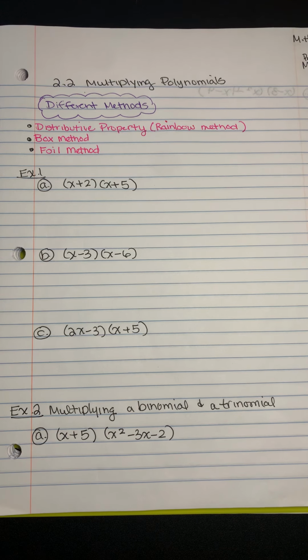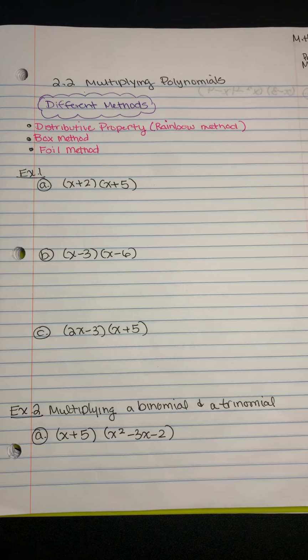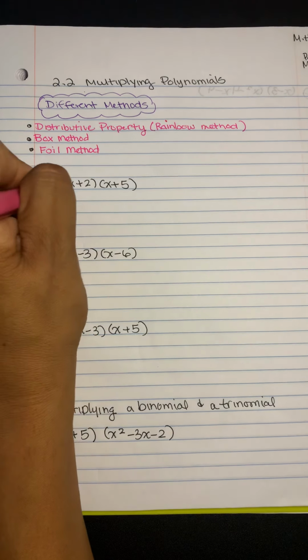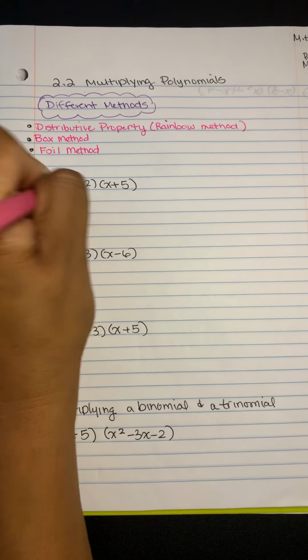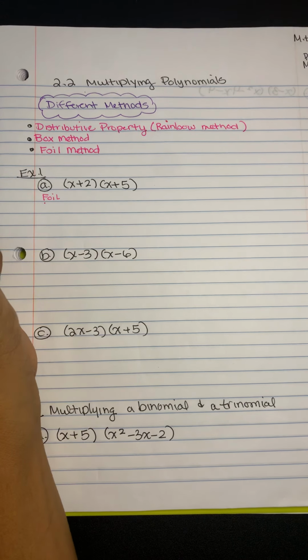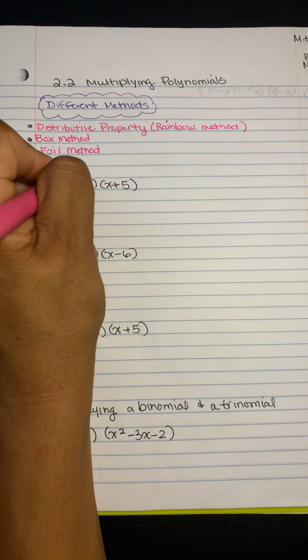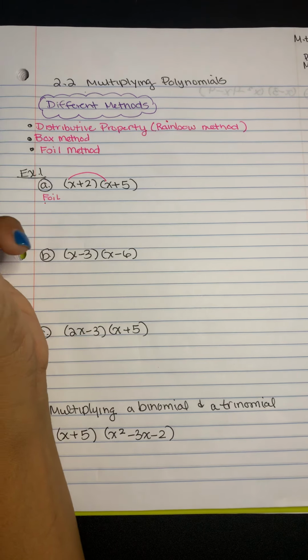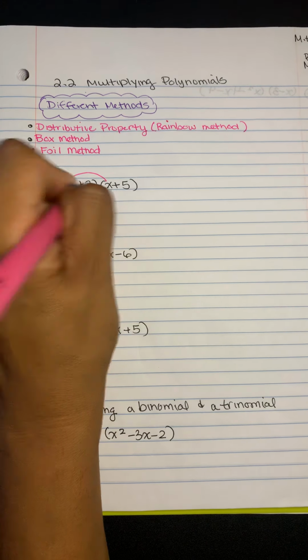We are multiplying polynomials. The first method I want to share with you is the FOIL method. I think most of you are familiar with that. So the FOIL method says this. We have first, so you want to multiply the first 2 terms. So x times x is x squared.